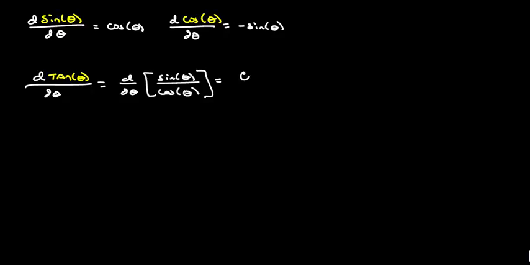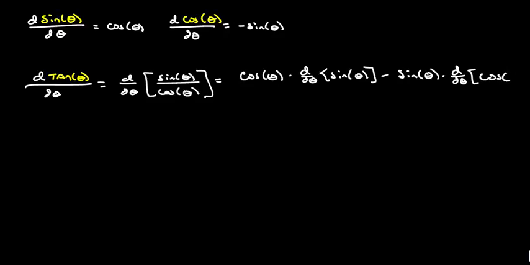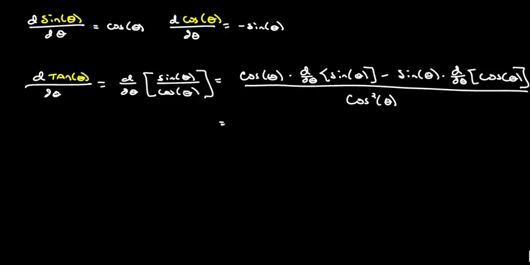So this is the bottom, the low, times the derivative of the top, d high, minus the top times the derivative of the bottom, over the bottom squared. So this will be cosine theta times cosine theta.